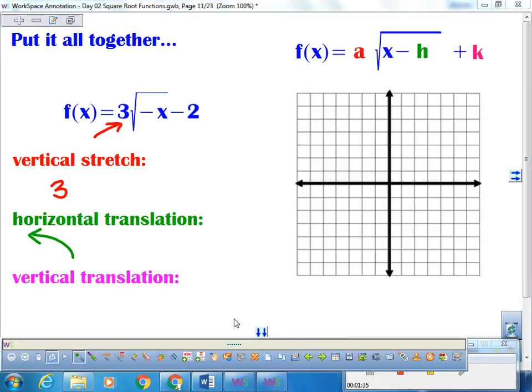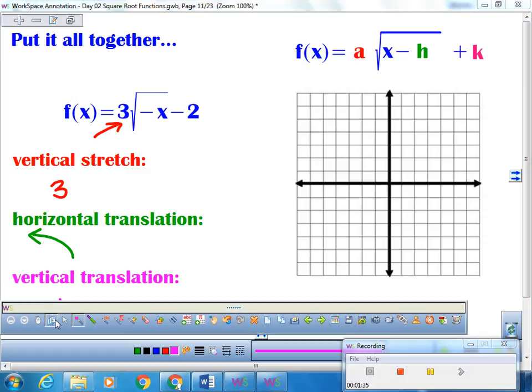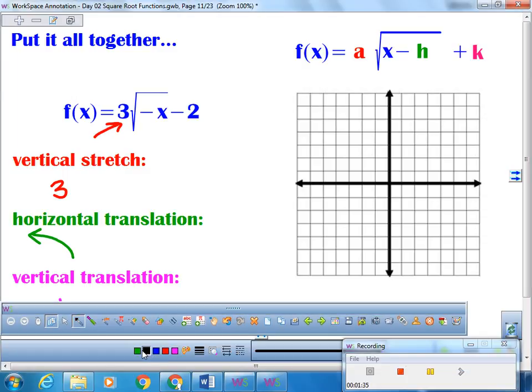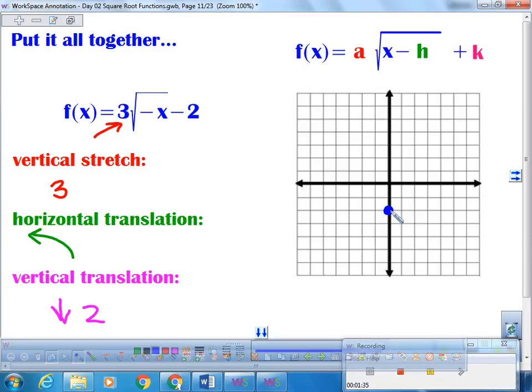Okay, and my vertical translation is going down by 2. So let's start with that. What color? I'll use blue. All right, so I'm not going to the left or to the right because I have no horizontal. I'm going down 2. I know that that is, for lack of a better word, my vertex, right? That's my starting point.